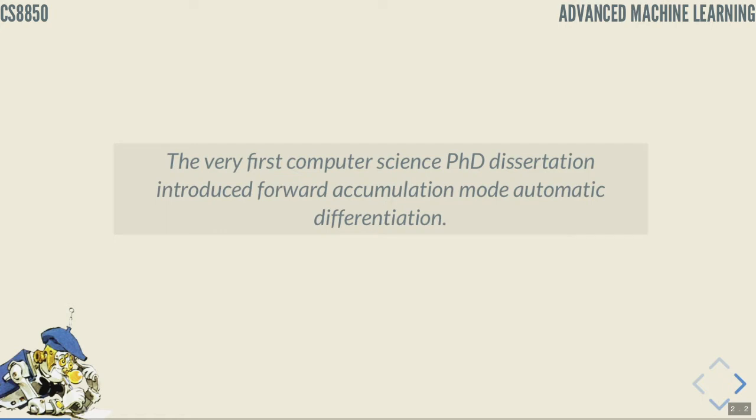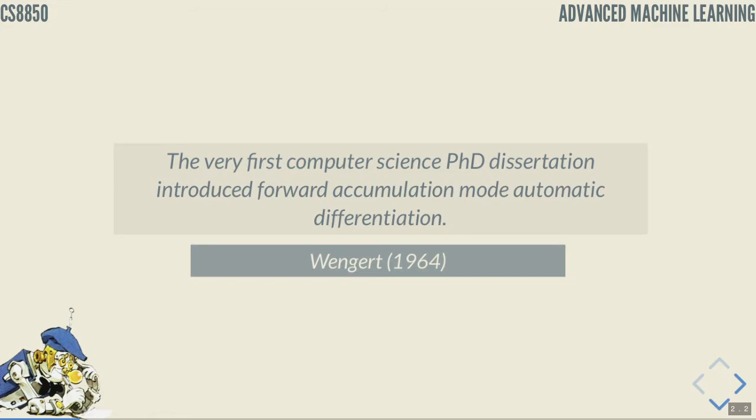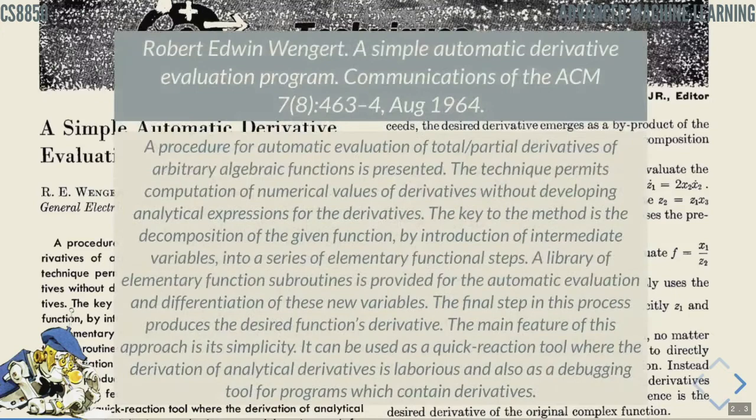The very first computer science PhD dissertation introduced forward accumulation mode automatic differentiation, just so you know. 1964, by Wengert. Robert Wengert published this paper, a simple automatic derivative evaluation program, in Communications of the ACM.